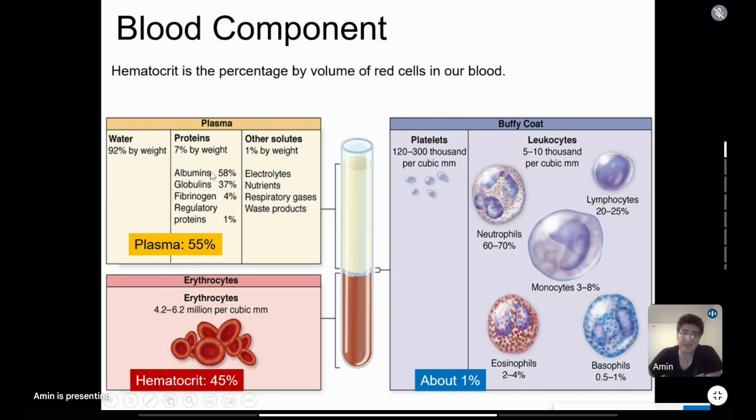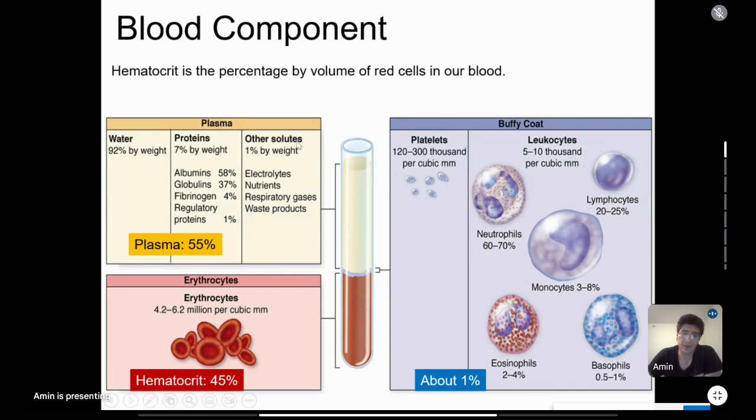Proteins are about 7% by weight, consisting of albumins about 58%, globulins about 37%, fibrinogen about 4%, and regulatory proteins about 1%.